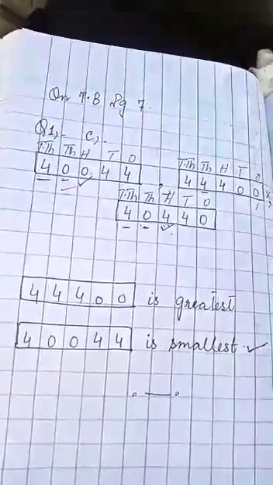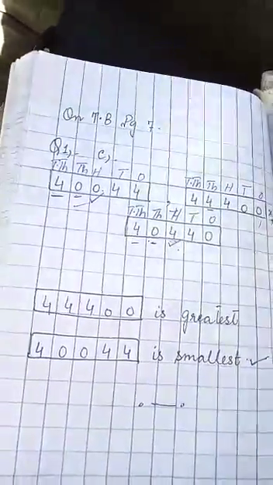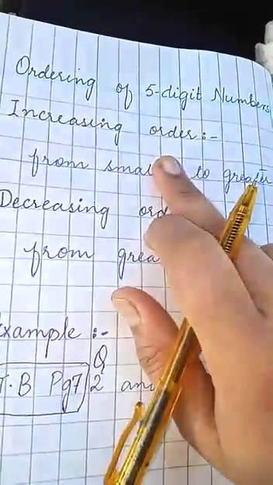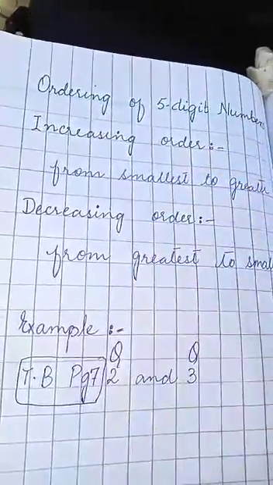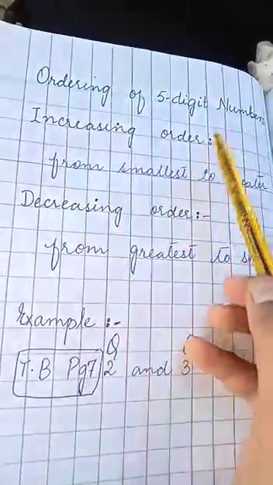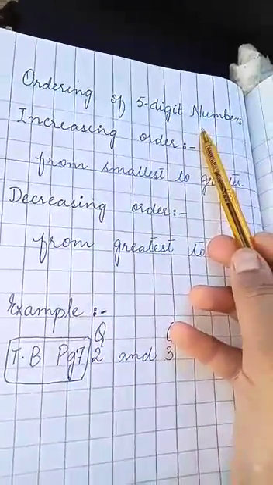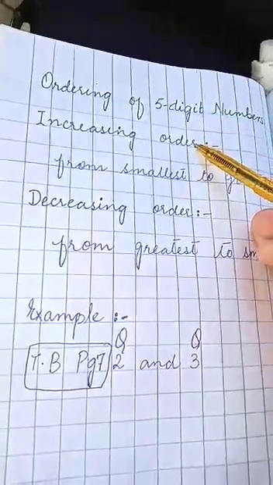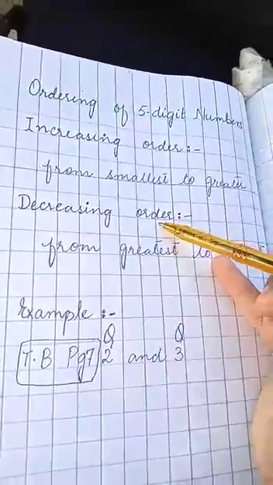Now next we will talk about the ordering of 5-digit numbers, that is, how we can order 5-digit numbers. When we are discussing the ordering of 5-digit numbers, we have only two orders. First one is increasing order and the second one is decreasing order.